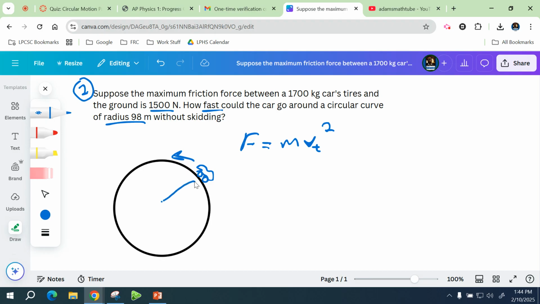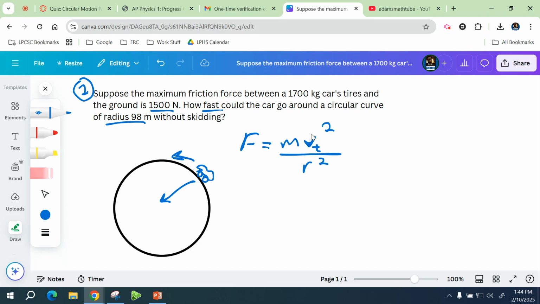Now, it's going to have a centripetal acceleration, which is associated with a centripetal force going towards the center of the circle. But I need to figure out what the actual velocity would be. Now, they give us a little bit of a clue, so we're going to start with this. This is the centripetal force going into the center of the circle. That's what keeps it on the path.